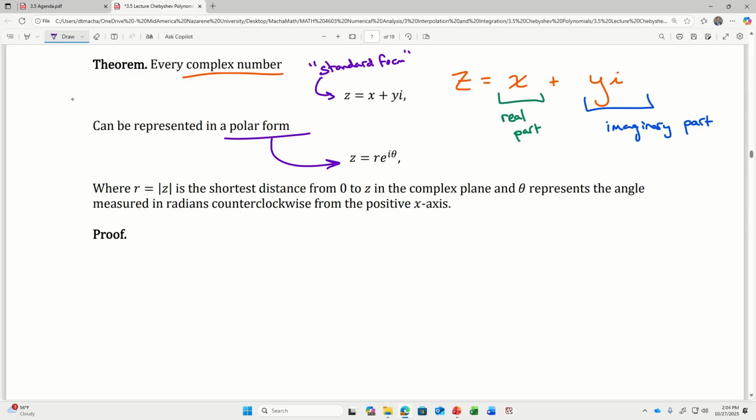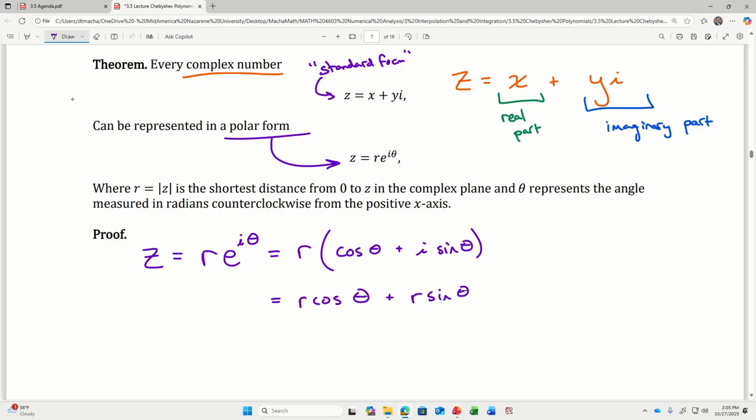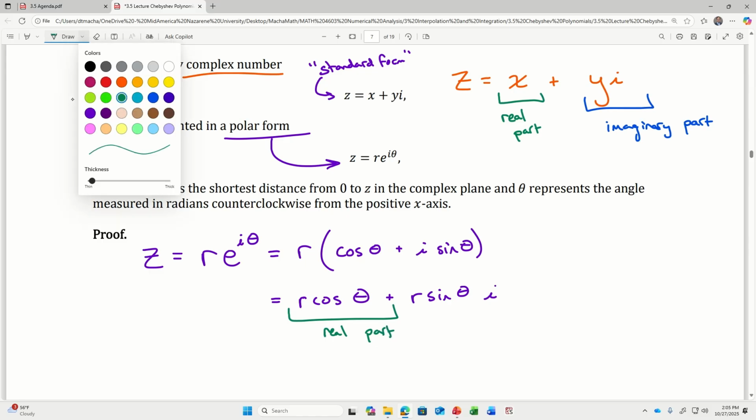The polar form comes about because e to the I theta is the same thing as cosine theta plus I sine theta. So I get r cosine theta plus r sine theta times I. And so once again, this is my real part, and this is my imaginary part.